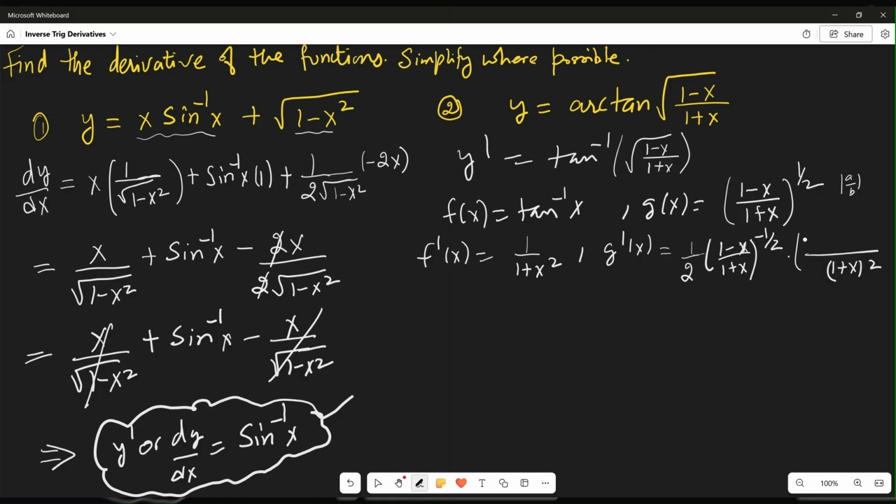B times derivative of a, which is negative 1, minus derivative of b, which is 1, a times, which is 1 minus x times derivative of b, which is 1.